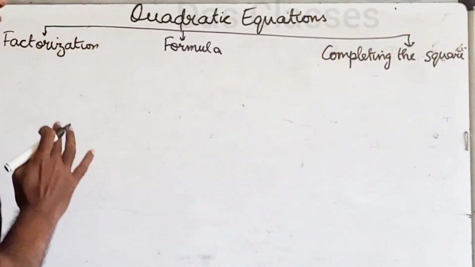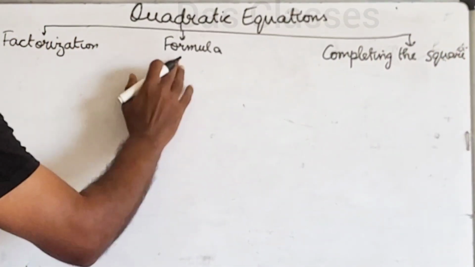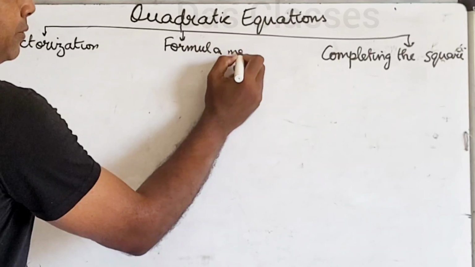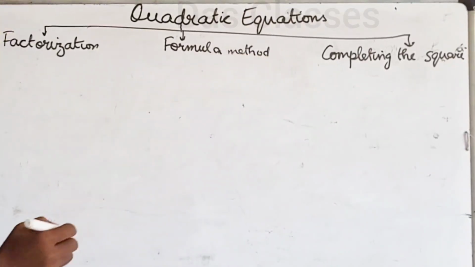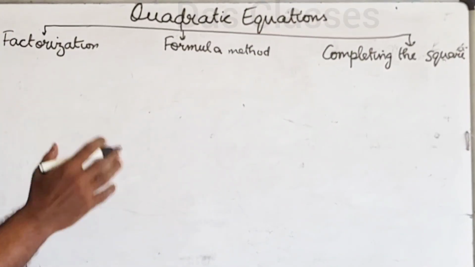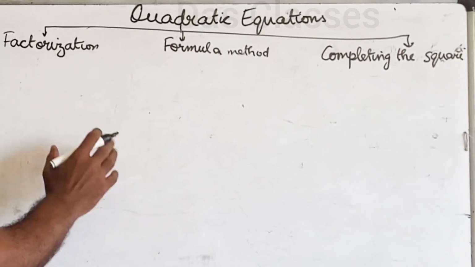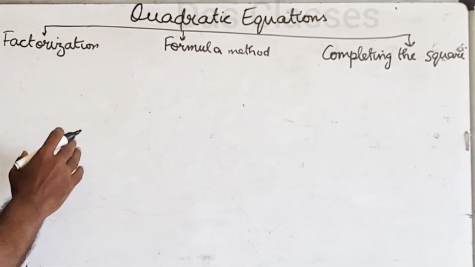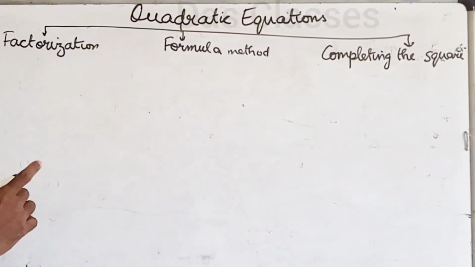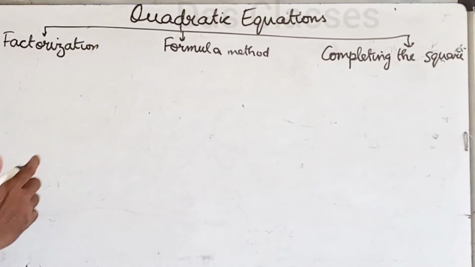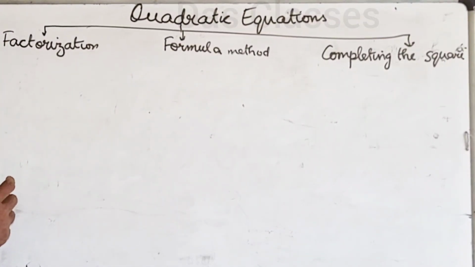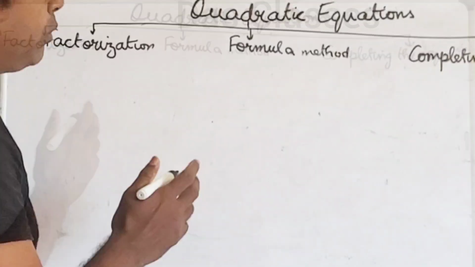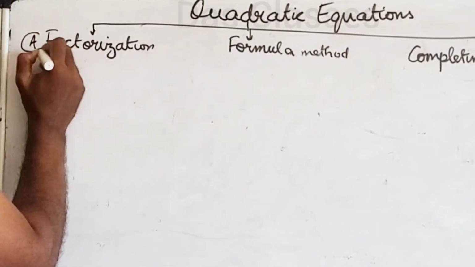Out of these three methods, students find the formula method the easiest. Now what I'm going to do is take two examples and show you that by any method you use, you get the same answer. You should pay more attention to the completing the square method because students find it more difficult to remember and understand. Okay, so we start.